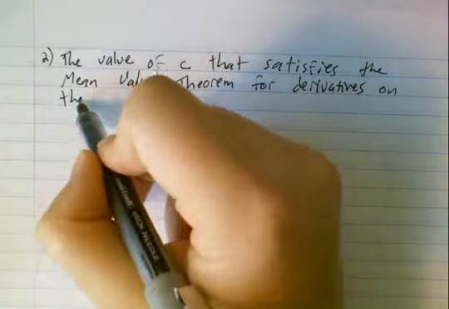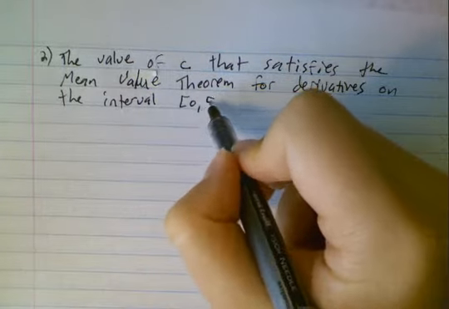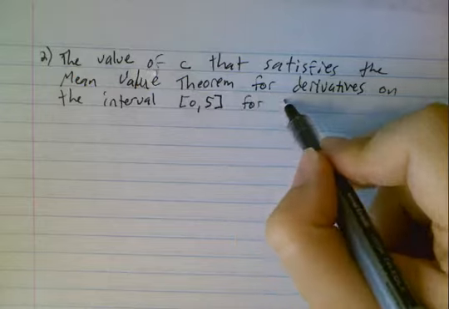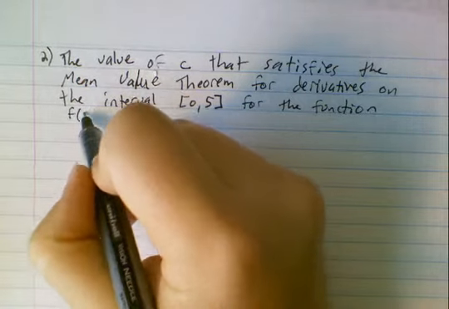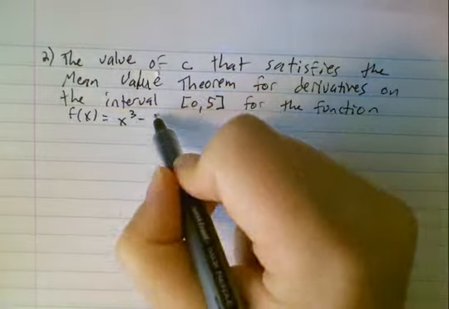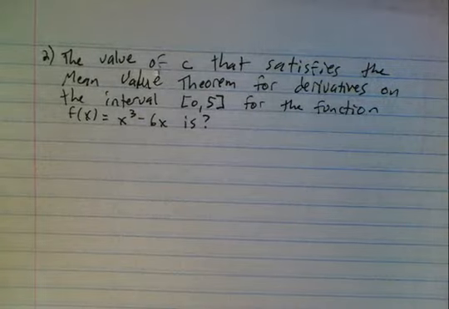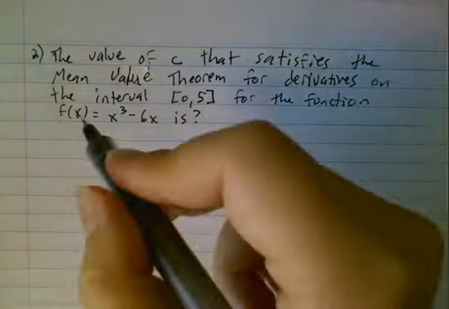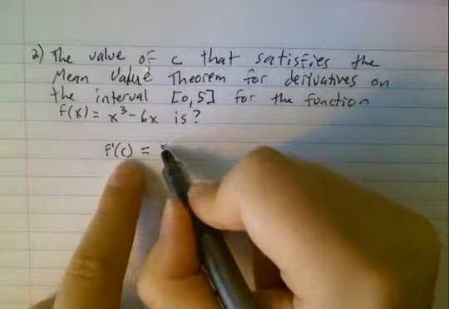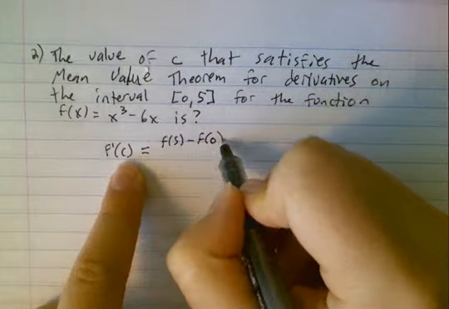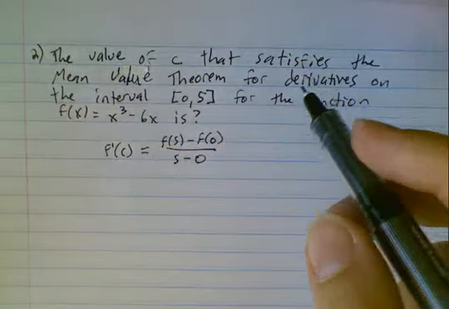On the interval (0, 5) for the function f of x equals x cubed minus 6x is what? So first we have to remember what the mean value theorem is. It means that f prime of c equals, in this case, f of 5 minus f of 0 over 5 minus 0.